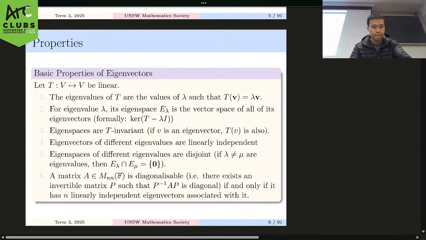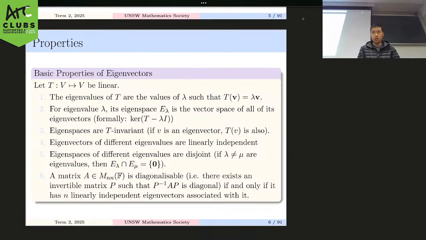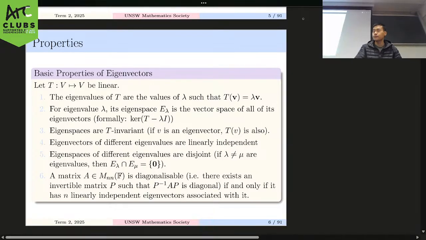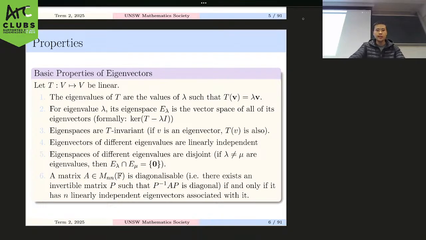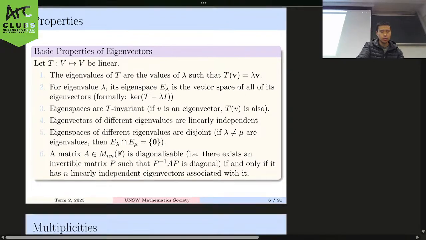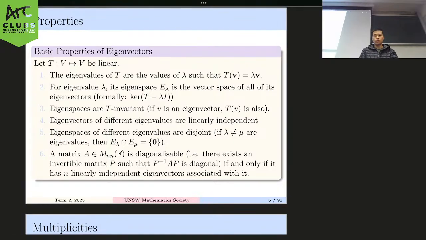So next thing is invariance. If V is an eigenvector, so is the transformation T of V. If you have eigenvectors under different eigenvalues, they'll also be linearly independent. Then eigenspaces: again, if you have different eigenvalues, then these eigenspaces will be disjoint.